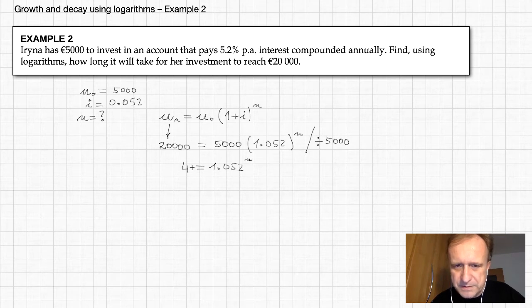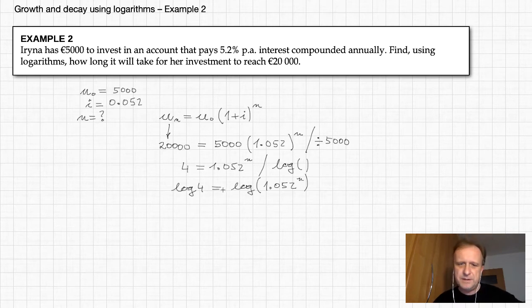Now to solve it we can use logarithms, so what I need is to take a logarithm, say decimal logarithm, of both sides. So I get logarithm of 4 equals logarithm of 1.052 to the power of n.